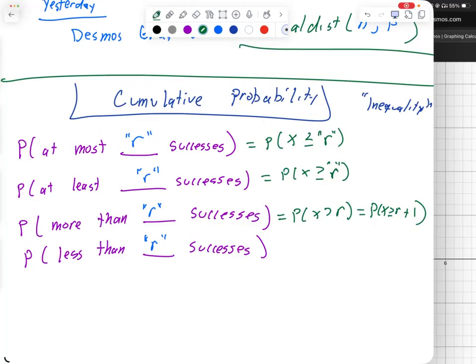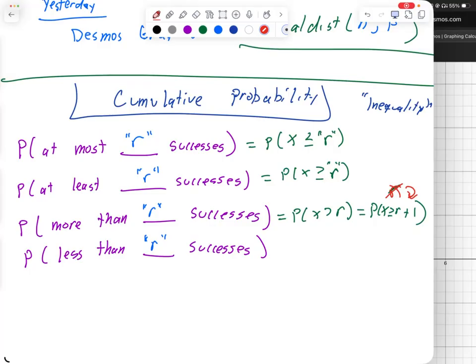So we would use a 4 in the problem. We would use a 4 because you have to have more than 3. R does not count as being more than 3. R, in this problem, does not count. That's why you just have to add 1.